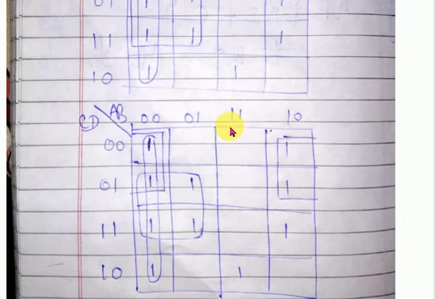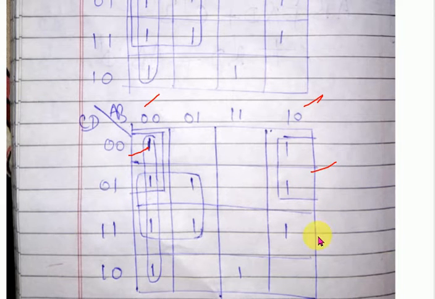So what will we do now? To cover these ones, since this column and this column are adjacent, we will cover these two ones and these two ones, and draw a basic block of 2 by 2 order.